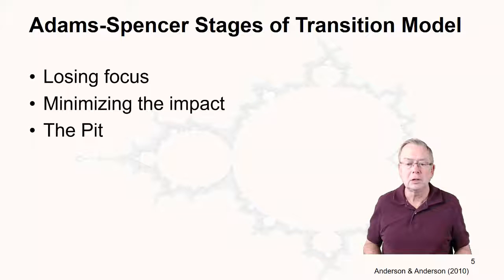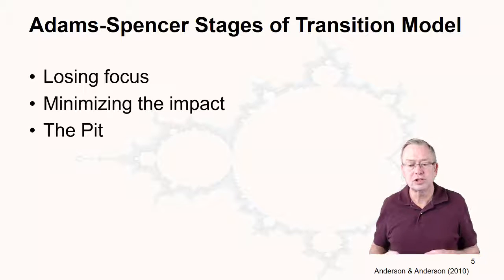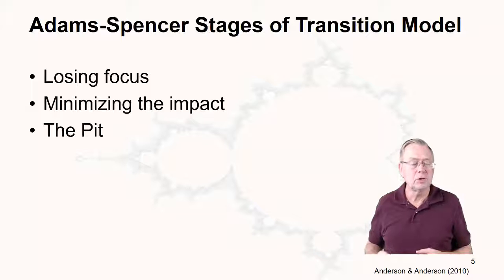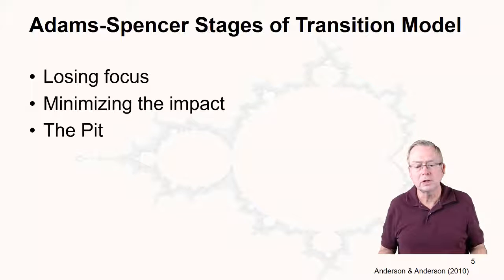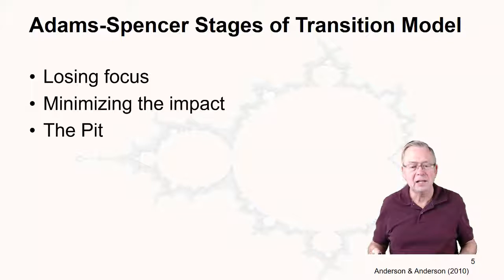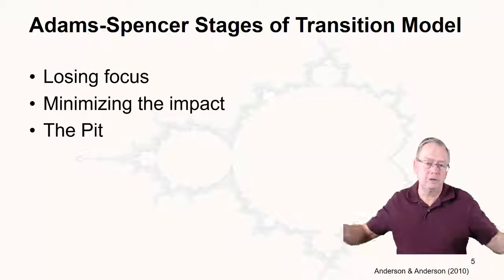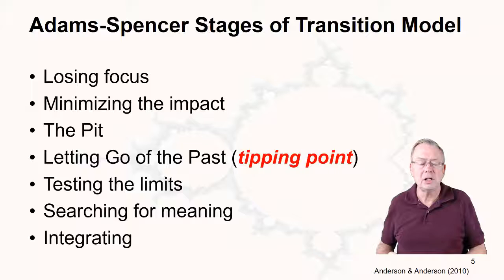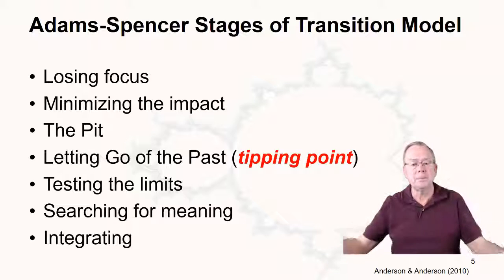The third model is a stage of transition model similar to the grief cycle, where you lose focus, you minimize the impact, and then you go into the pit of despair. Eventually, you let go as a tipping point.